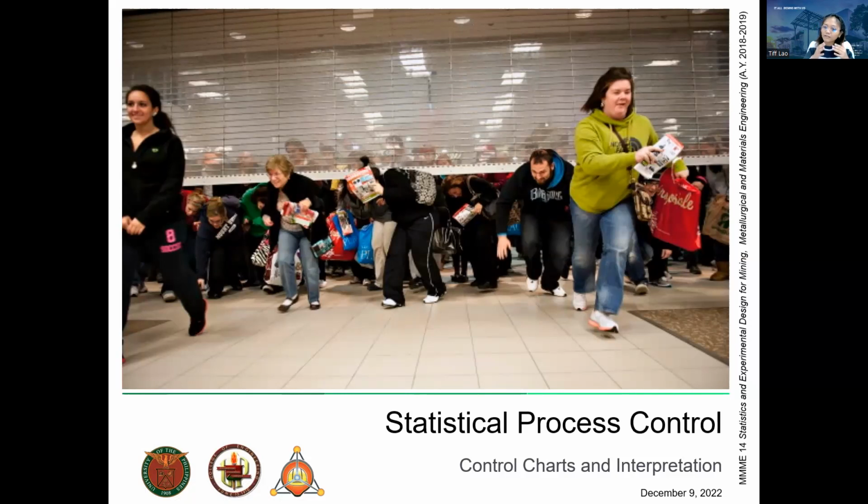So in short, titingnan natin if the process that we are employing is controlled or out of control. So by using this statistical process control or SPC lesson, we will know if out of control siya or nakokontrol pa natin siya. Gets yung rationale? Can I get a thumbs up if nagets yung rationale doon?